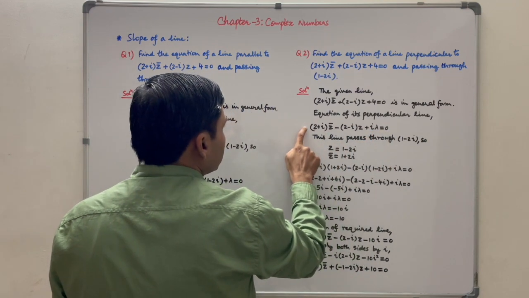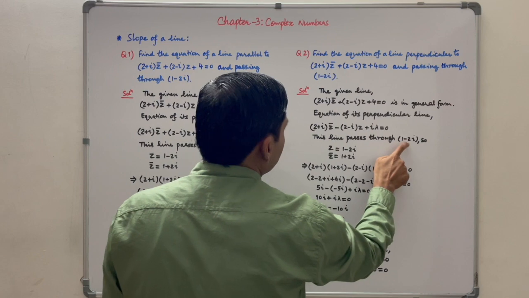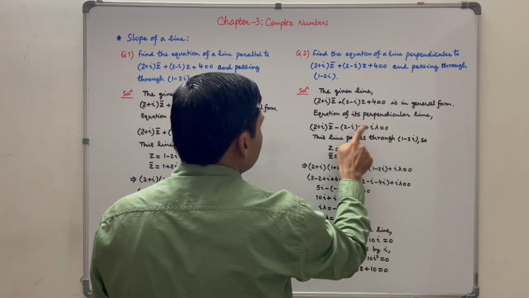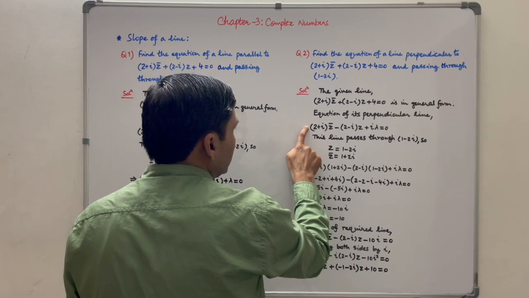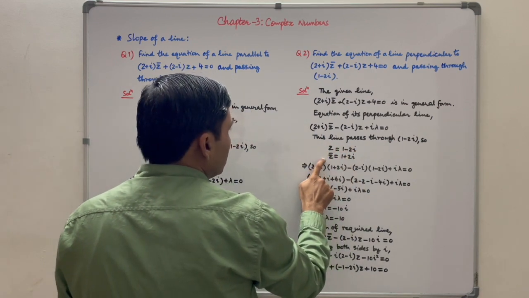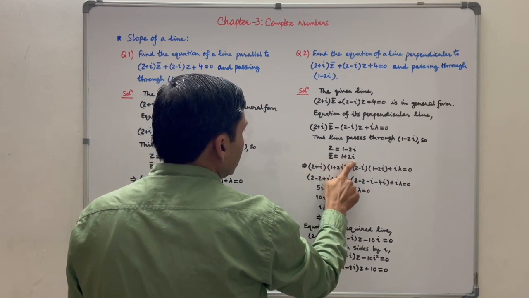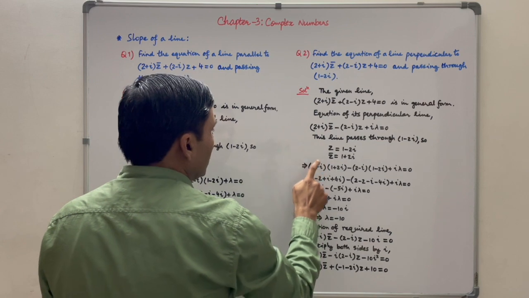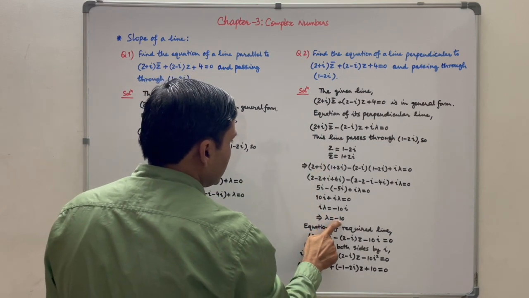We will pass this line through the given point 1 minus 2i. That means 1 minus 2i will satisfy the equation of this line, or z is equal to 1 minus 2i. So z bar is equal to 1 plus 2i. We will put these values in this equation to get the value of lambda is equal to minus 10.